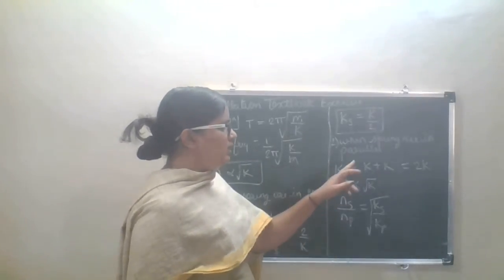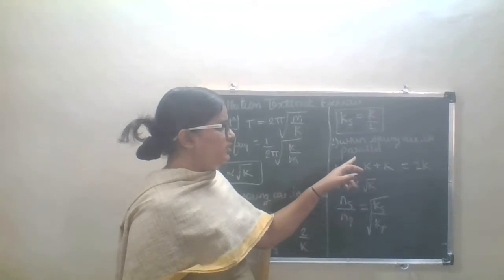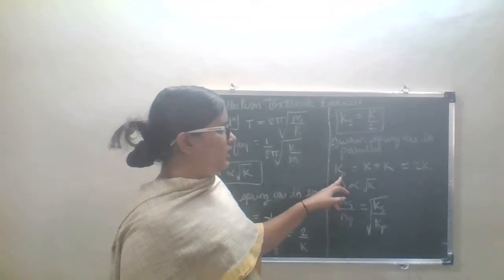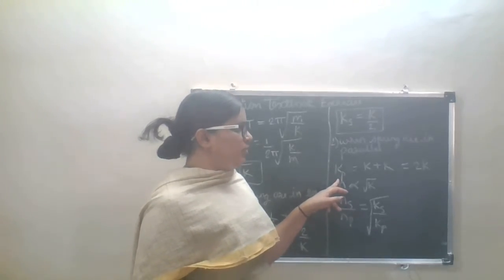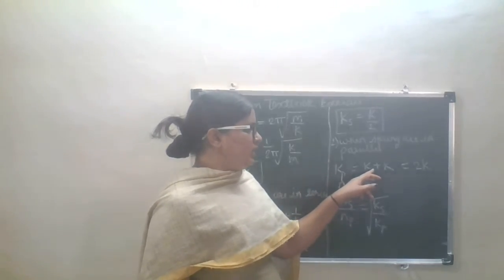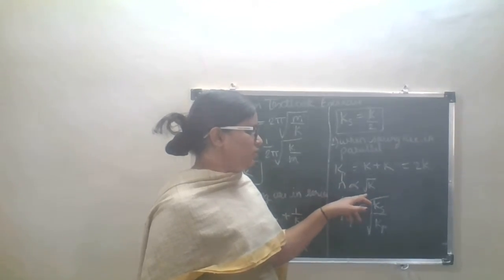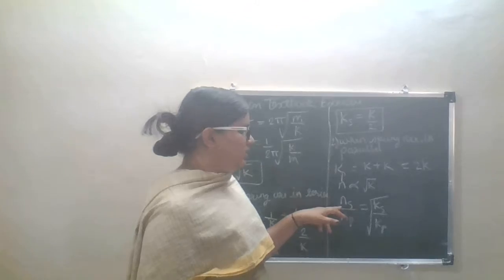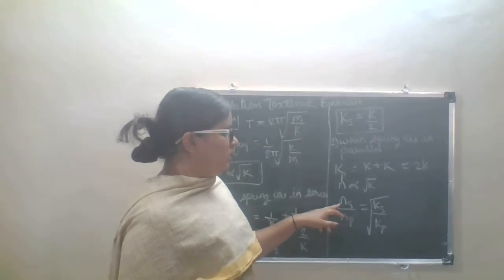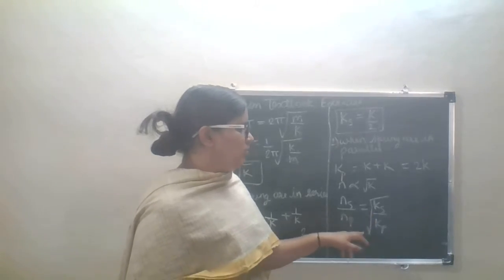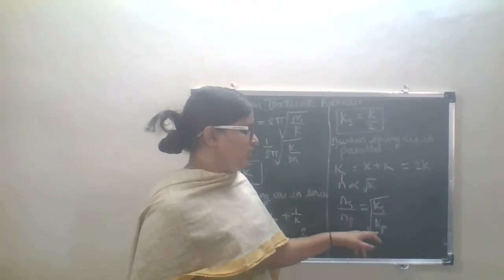When springs are connected in parallel, then k suffix p for parallel is equal to k plus k, which is twice k, and n is directly proportional to under root of k, so n of s upon n of p is equal to under root of ks upon kp.